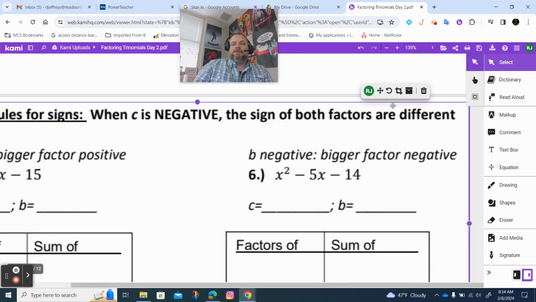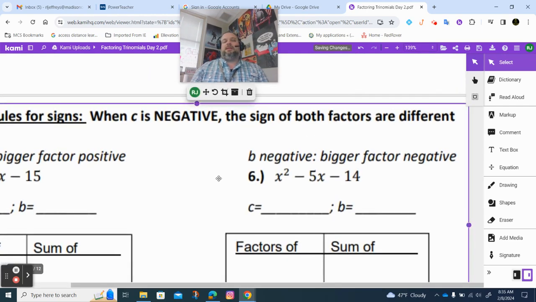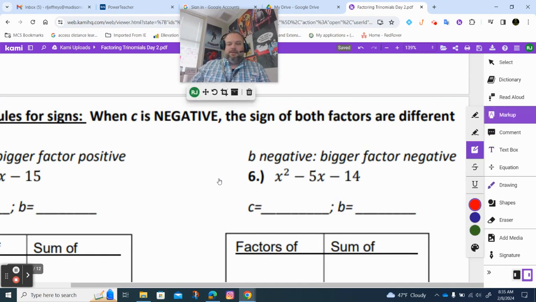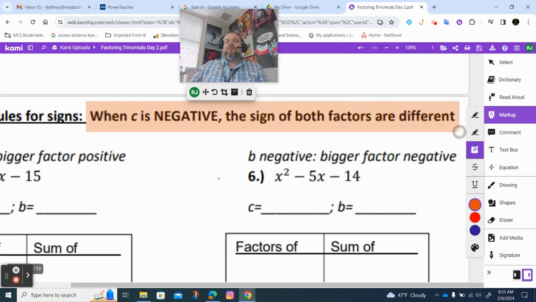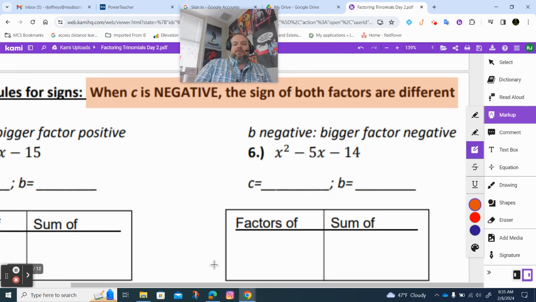All right, so in this one, when C is negative, the sign of both factors are different. That means one's going to be a plus, one's going to be a minus, and we have different applications for that.